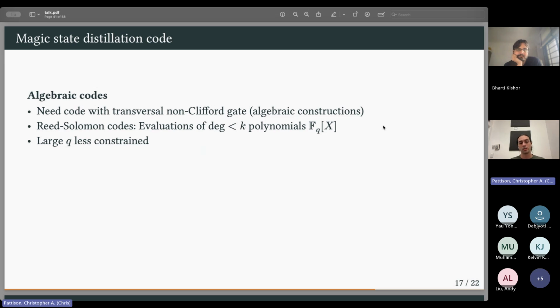And for those of you that might be familiar with Reed-Solomon codes or these algebraic constructions, it's just storing the evaluations of some low degree polynomial with coefficients in a finite field. And if we have larger finite fields, that means we can consider polynomials of larger and larger degree.